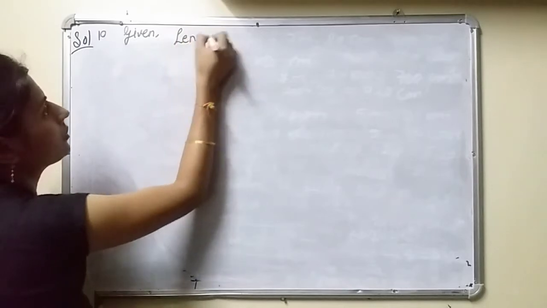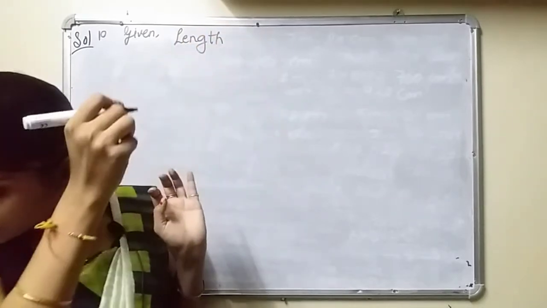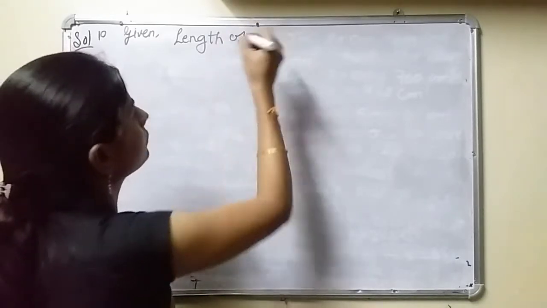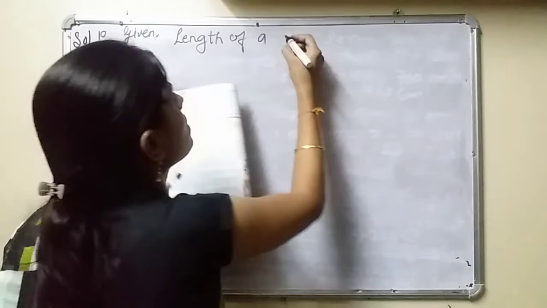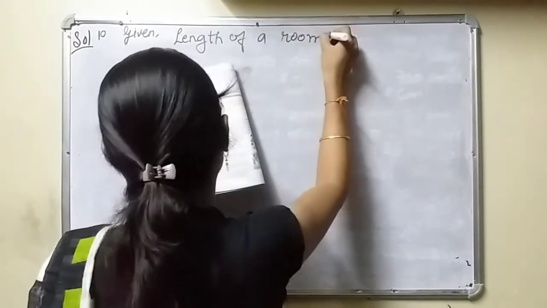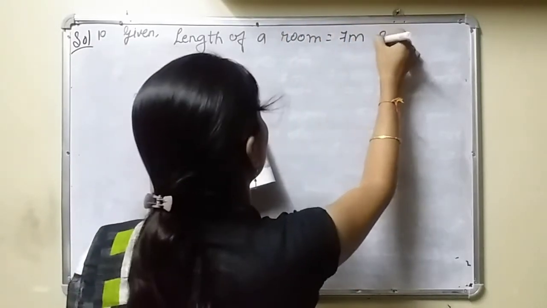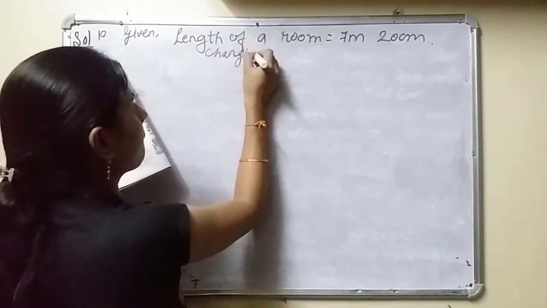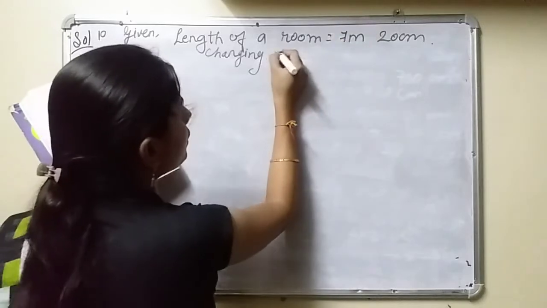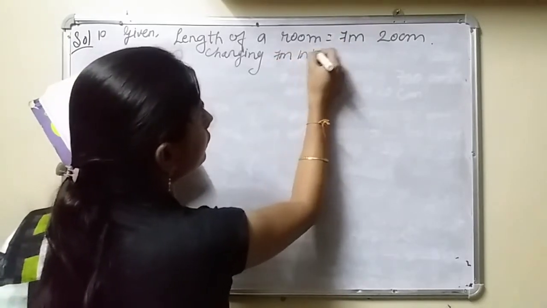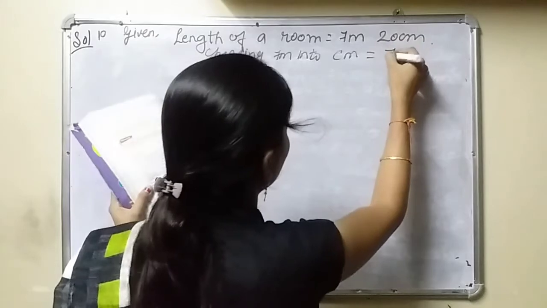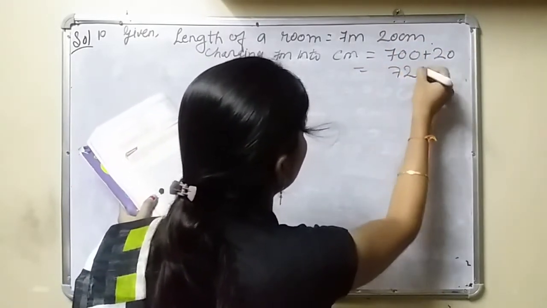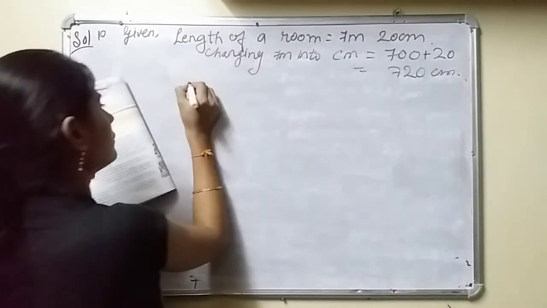Length of a room, 7 meter 20 centimeter, changing 7 meter into centimeter is equal to 700 plus 20, that is 720 centimeters.